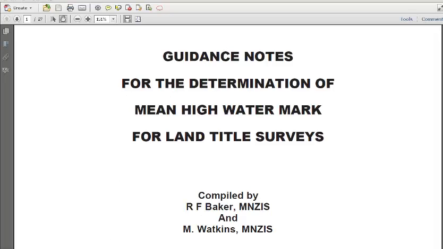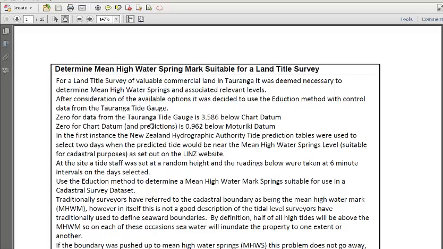And it wasn't until I got into contact with Glenn Rowe from the New Zealand Hydrographic Authority that I had someone who was able to guide me with the particular calculation. As it turns out, the most commonly used calculation is the range ratio calculation.